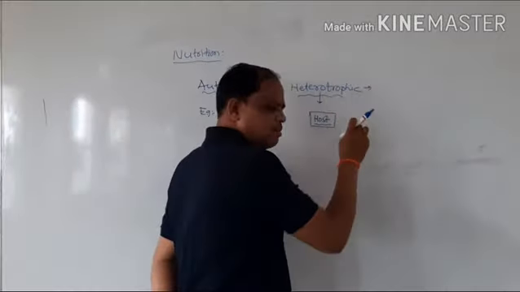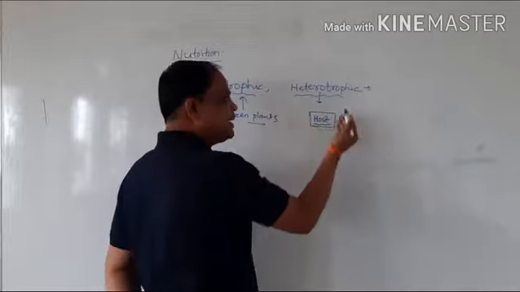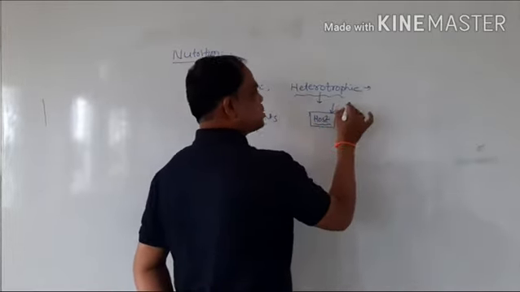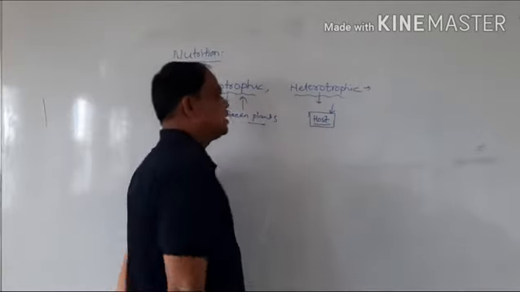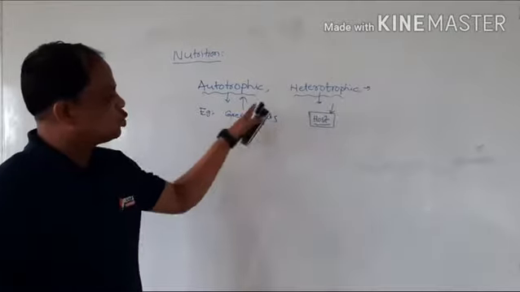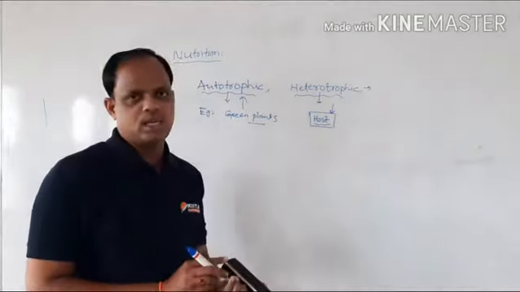Organisms that depend directly or indirectly on the host are called heterotrophic organisms or parasites. These are the two types of nutrition present in all living organisms.